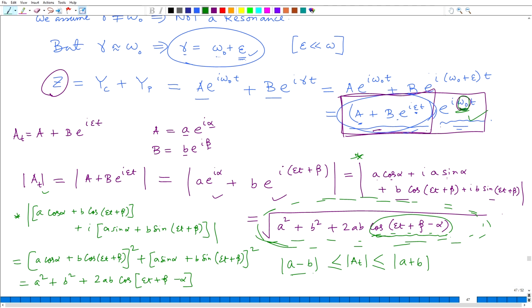So, this is a simplified description of a situation which we call beats, where the phase part is not changing in its frequency, but the amplitude part is actually varying with time, and you will find a variation in the amplitude. And of course, you have to understand that in beats, the amplitudes are finally bounded between two specific values given by mod A minus B and mod A plus B. Okay. Thank you very much.